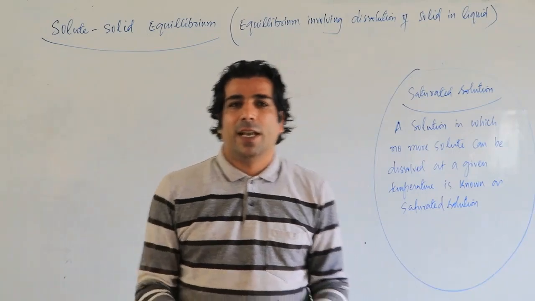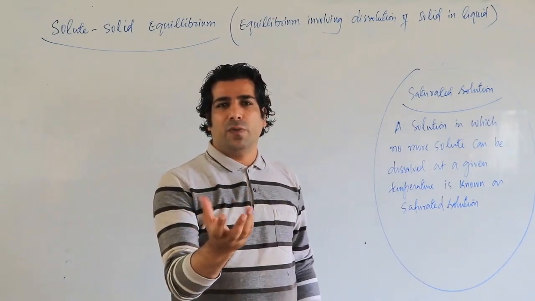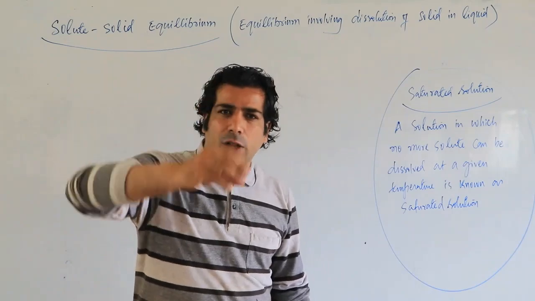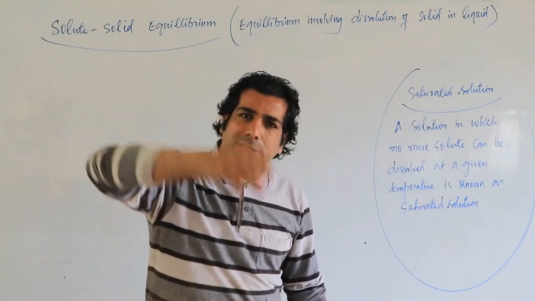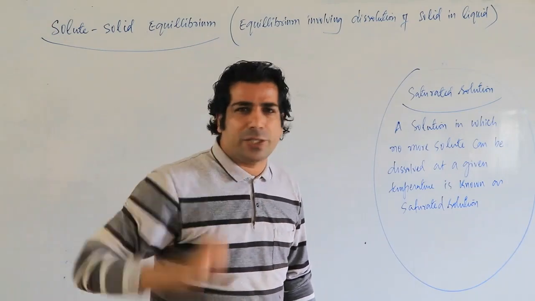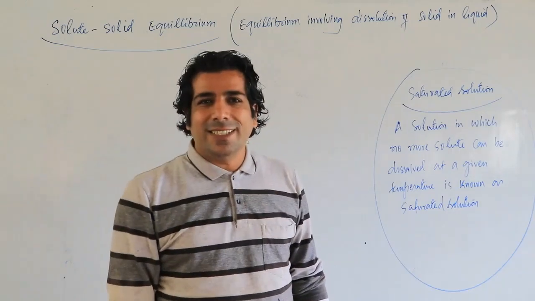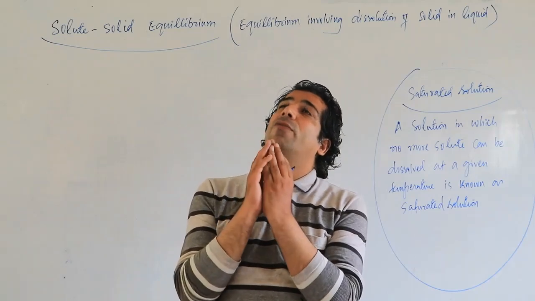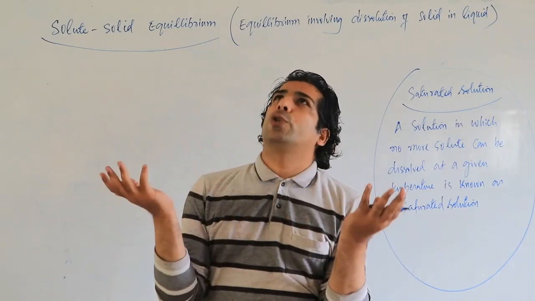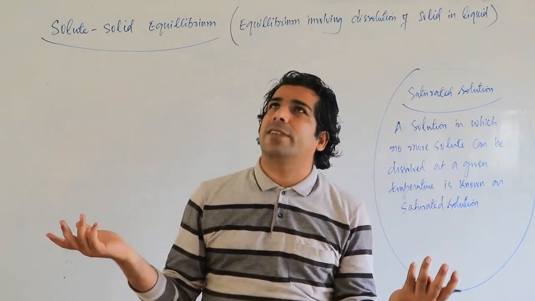Let us suppose I give you 1 liter of water and you keep on dissolving sugar into it at room temperature. A time will come that this water will tell you now you can't dissolve any more sugar into me because I am saturated. Yes or no?